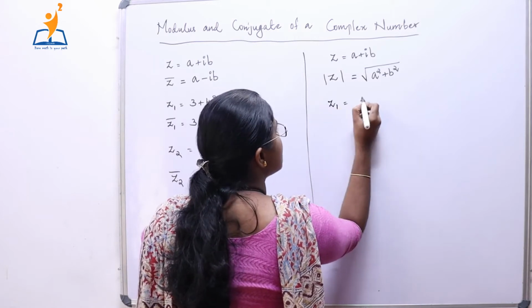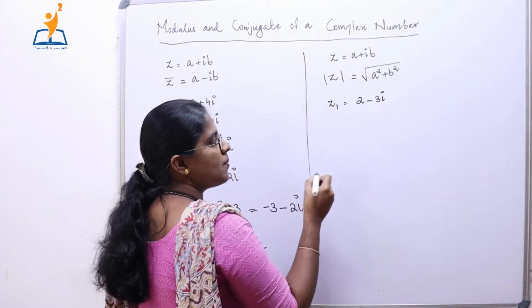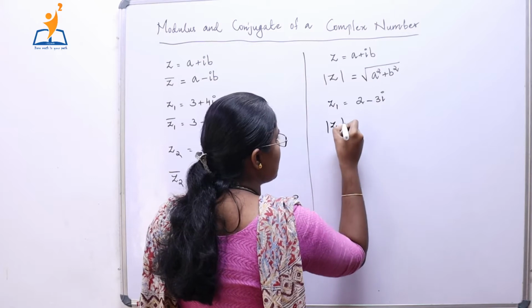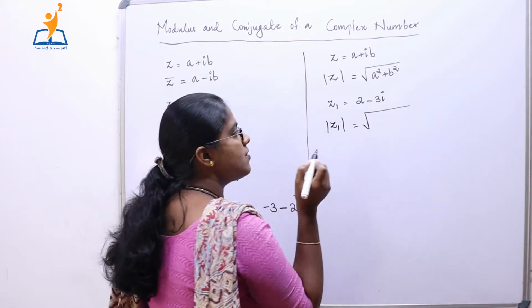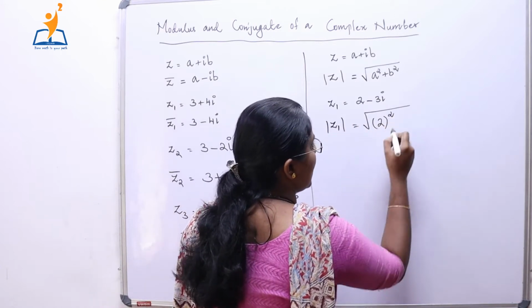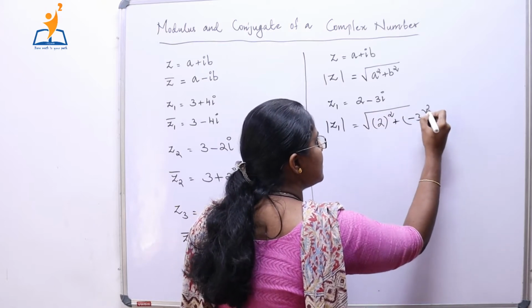Let Z1 is equal to 2 minus 3i. This is a complex number of the form A plus IB. And how will we find the modulus of this number? It is the square root of sum of squares of real and imaginary part. Square of real part is 2 square plus square of imaginary part, that is minus 3 square.